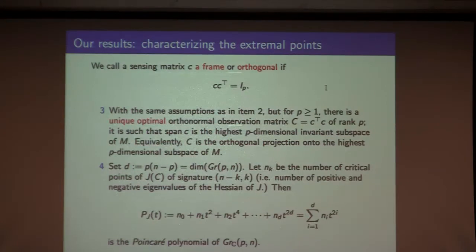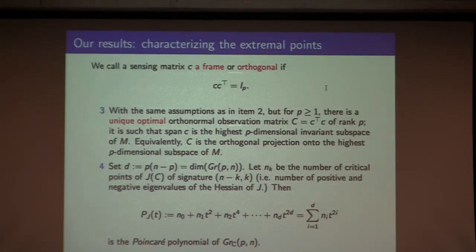So you can ask whether the function we get is a perfect Morse function. And the answer is no, it's not a perfect Morse function. We get many more critical points than the number Morse theory would require. But when I compared the number of critical points I obtained of every signature with the Poincaré polynomial of the complex Grassmannian, I get a perfect match. So somehow this problem is very canonical because we recover here the Poincaré polynomial of the complex Grassmannian.